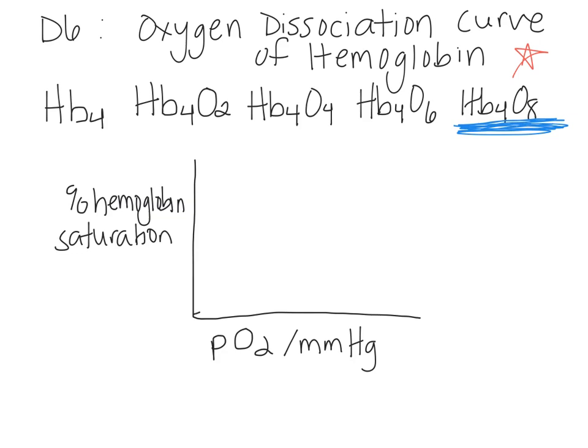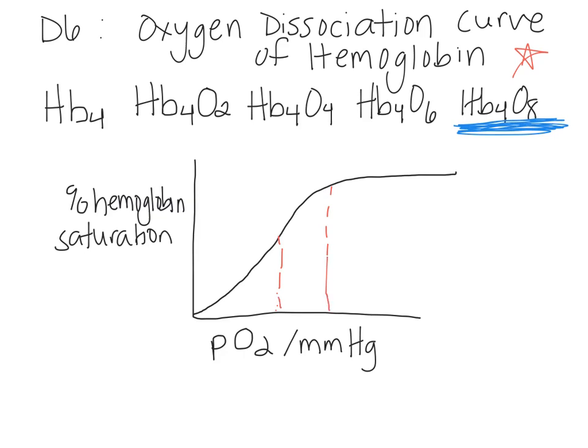Okay, the curve for hemoglobin looks something like this. So you're done basically with this graph once you're able to draw that curve. But just so we know, our typical range of partial pressure of oxygen is somewhere in here.